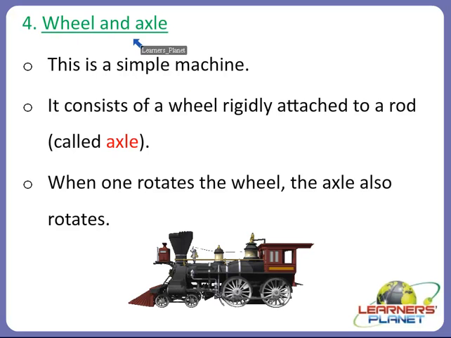Yes, wheel and axle. Children, wheel and axle is a simple machine. It consists of a wheel which is rigidly attached to a rod called an axle. Wheel and axle are attached together in many objects and used in various ways.